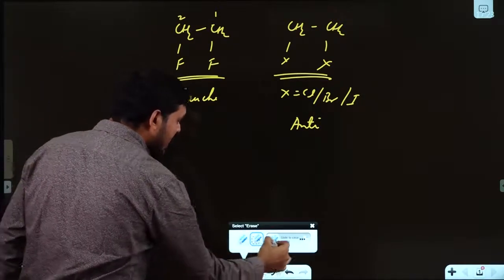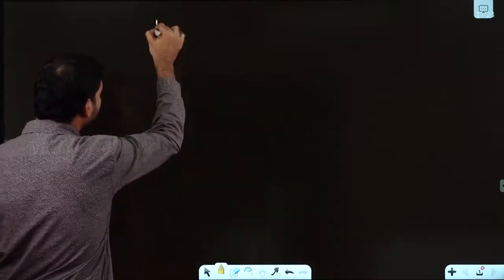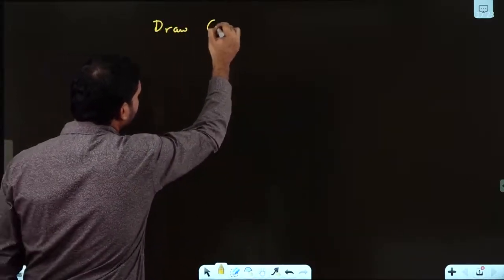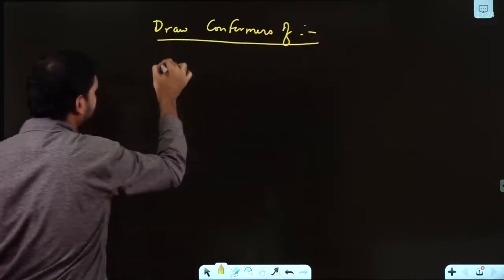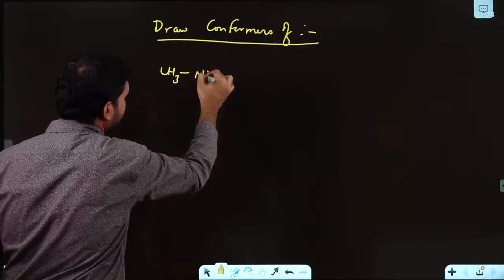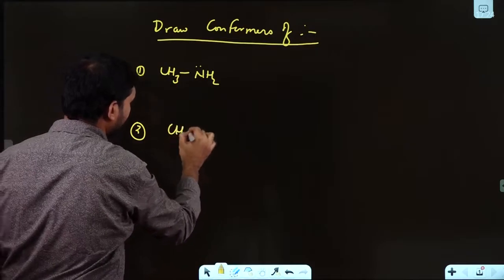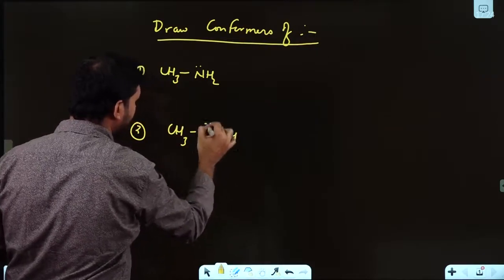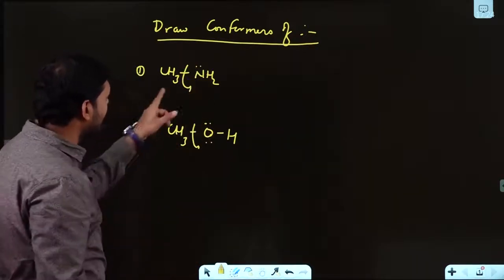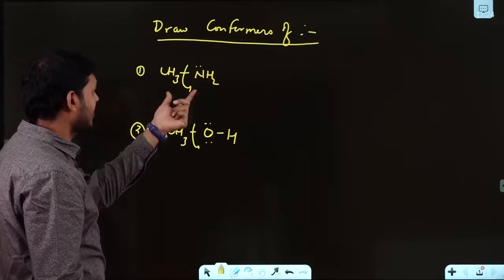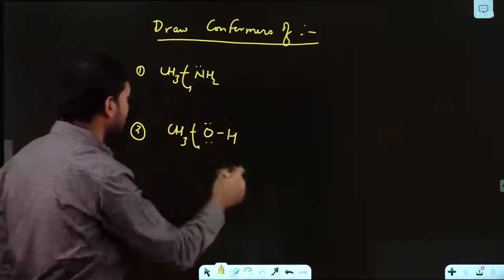Now let's understand a few more cases which relate to this gauche effect. First, draw conformers of CH3NH2 and CH3OH. Here you are rotating the bond, free rotation with respect to carbon-nitrogen. So let's first learn how to draw this structure.